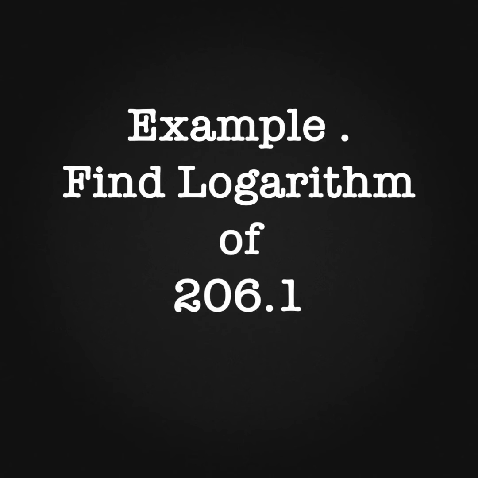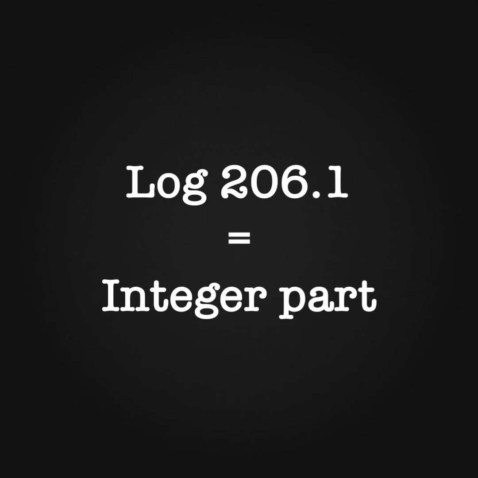Let's find the logarithm of 206.1. Solution. We have log 206.1. So we'll find the integer part first, and that is determined by the first significant figure, which is 200.